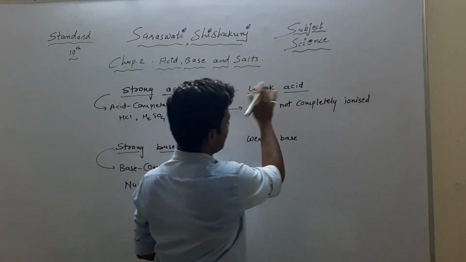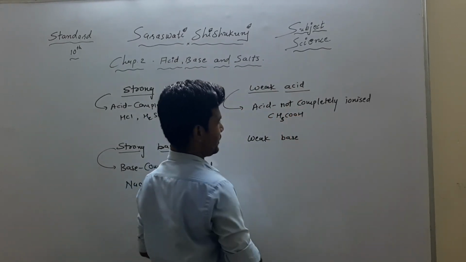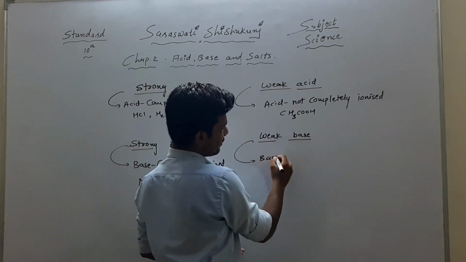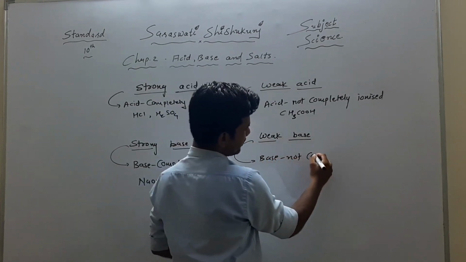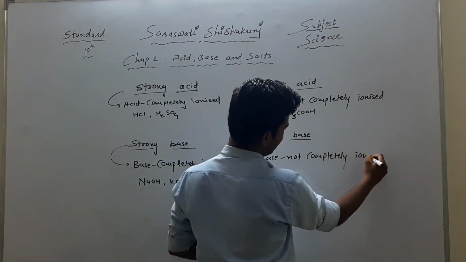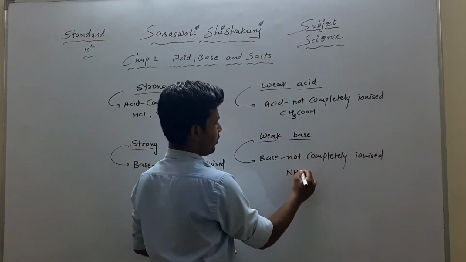They are known as weak acids, like CH3COOH. And a weak base means the base which is not completely ionized, that is called a weak base, like NH4OH.